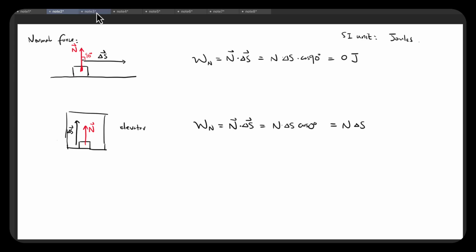Now the second special force I want to talk about is the static friction, Fs. Let's see an example. Let's say there's an object, and there's a pushing force applied on it, and there's an Fs to balance that.